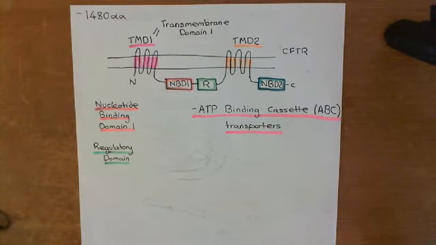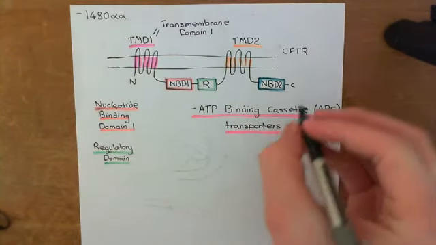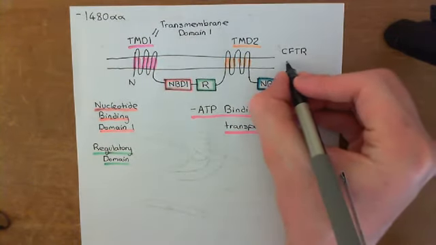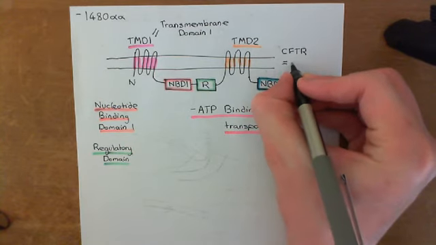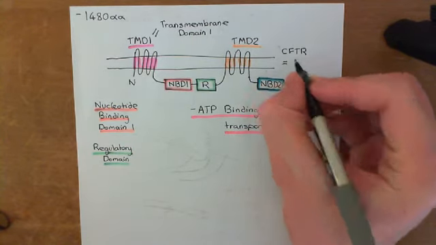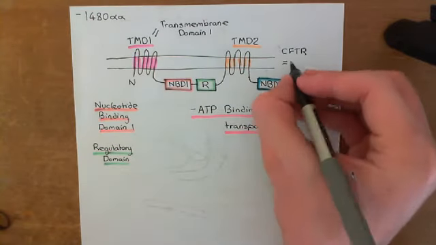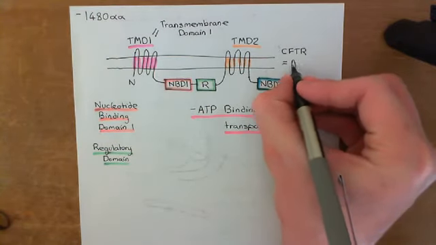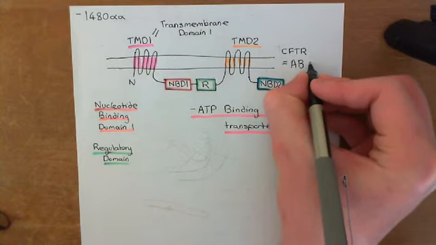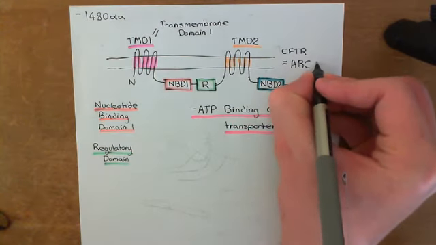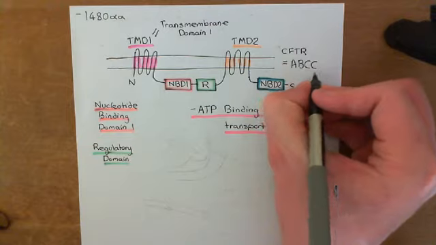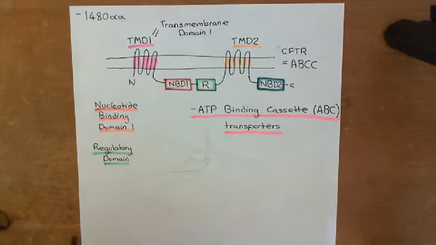So, the cystic fibrosis transmembrane conductance regulator actually has another name which refers to the fact that it is within this superfamily of ATP binding cassette transporters. Its other name is ABC for ATP binding cassette transporters, and then it's family C, so there are loads of families of ATP binding cassette transporters.